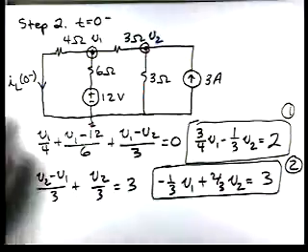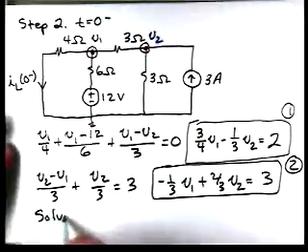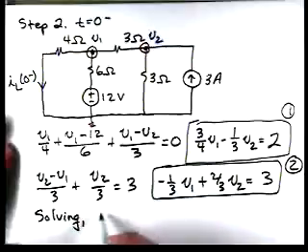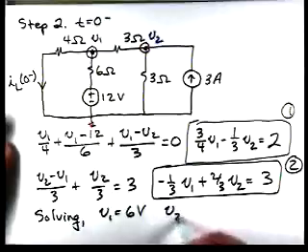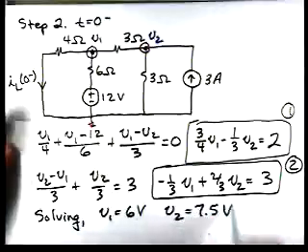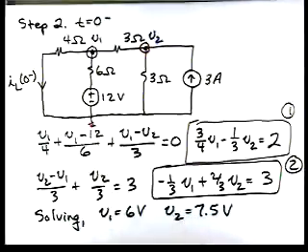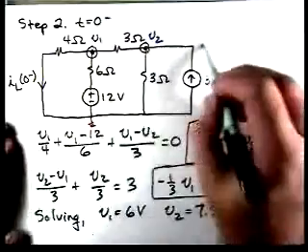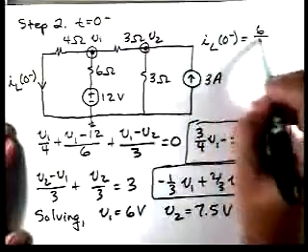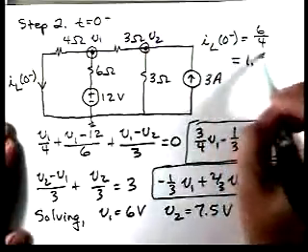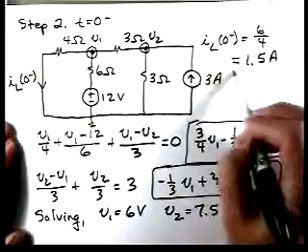Now, we solve. We get V1 equals 6 volts, V2 equals 7.5. And if we look at our circuit, we can see that iL(0 minus) then is 6 over 4, or 1.5 amps.